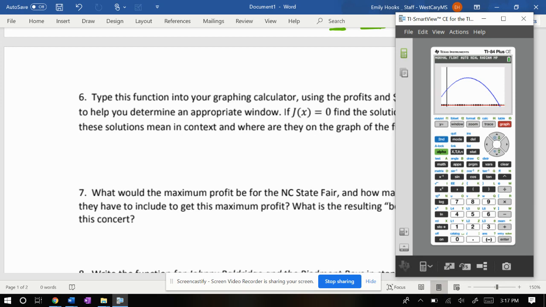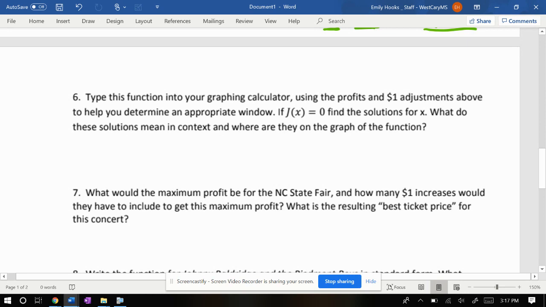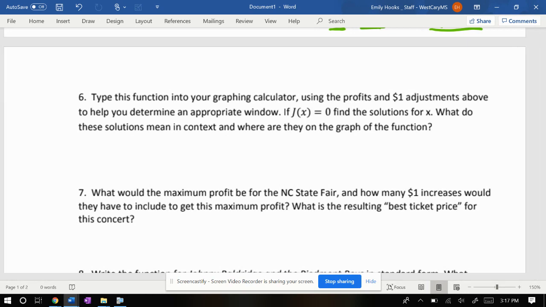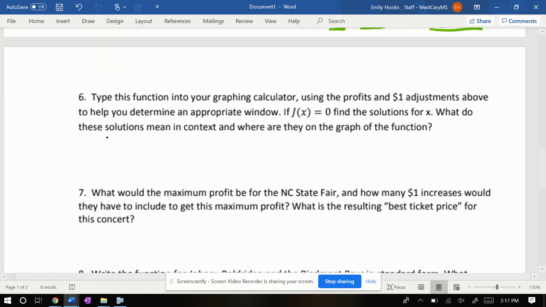So we typed it into our calculator using our profits one. To determine the window, what do these solutions mean? What we can write right here is the windows that we chose. For our x min, we chose -10.